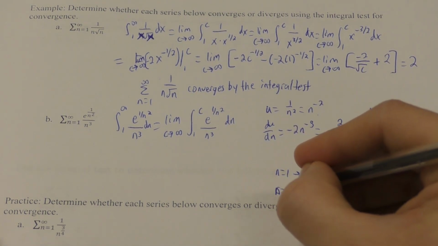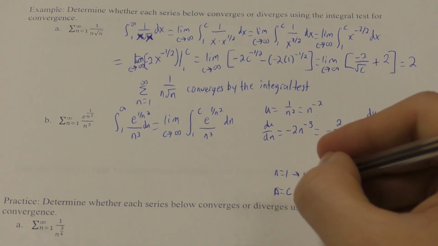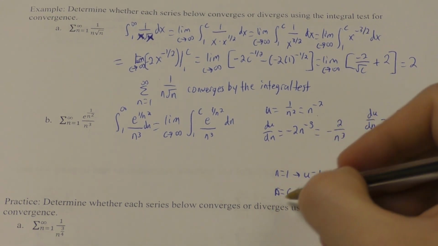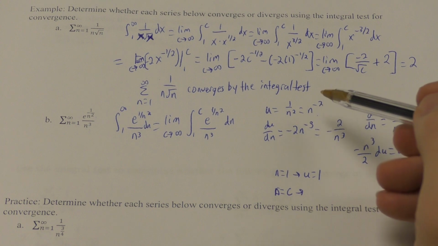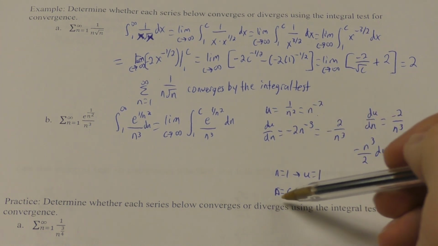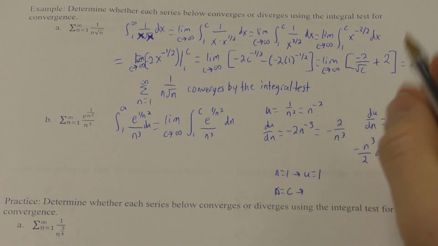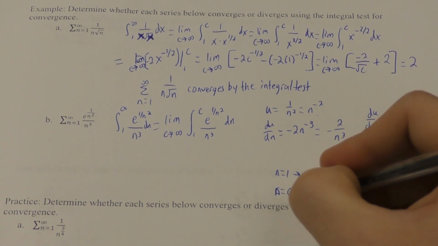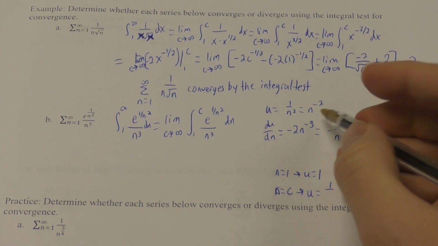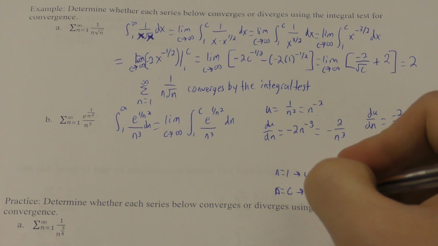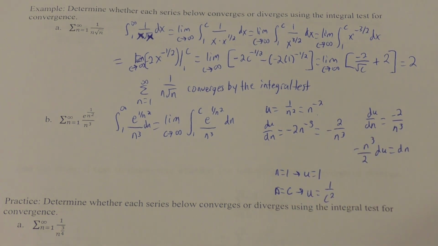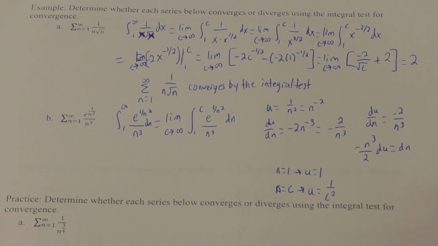So when n was c, when I plug n is c in here, c to the negative 2, that'll give me that u is equal to c to the negative 2 power, which is 1 over c squared. Okay, so now I know all my substitution stuff.